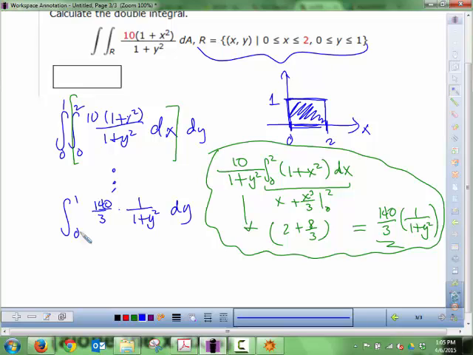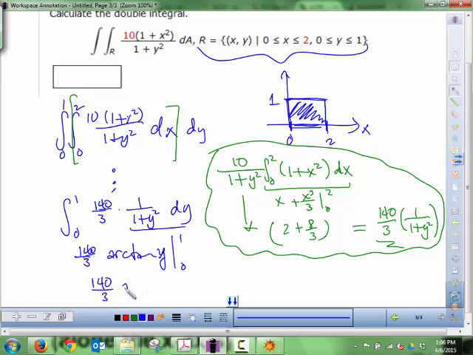The second part of the integral is the outer integral with respect to y. So 140 over 3. And then the integral of 1 over 1 plus y squared is the arctan of y, my y limits go from 0 to 1. And so arctan of 1.